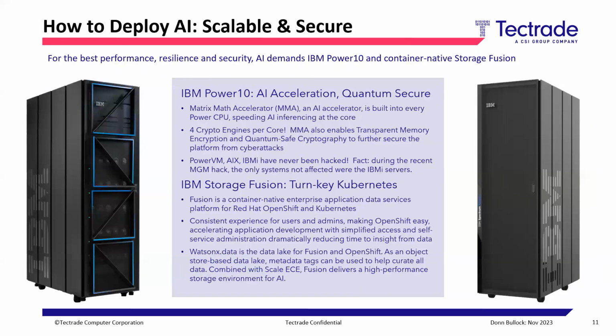Now, Power10. Power10, of course, is IBM's Power architecture, built around a RISC architecture, which is different than a CISC x86. Power has been around for a number of years.